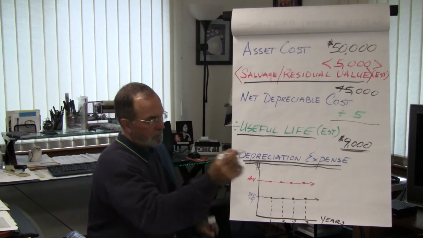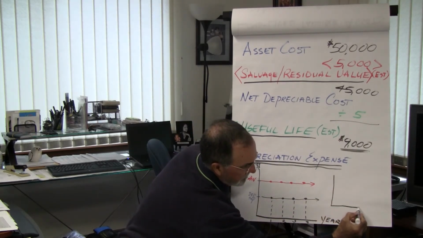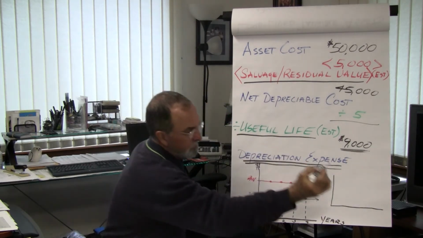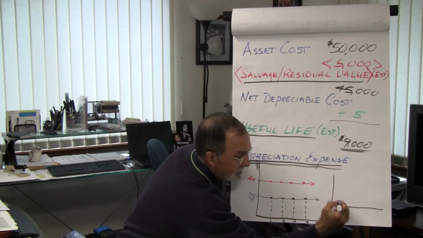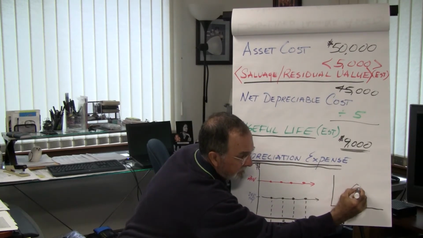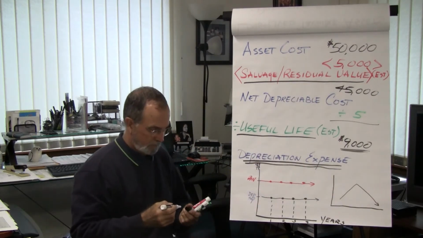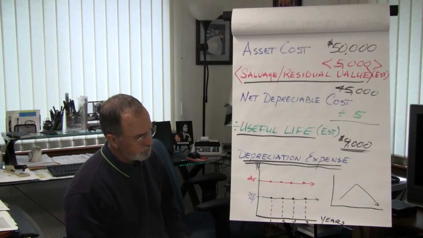And let me just put that in small here. The units of production depreciation depicted in the graph on page 411 looks like this. And we'll talk about units of production in an exercise in another lesson.